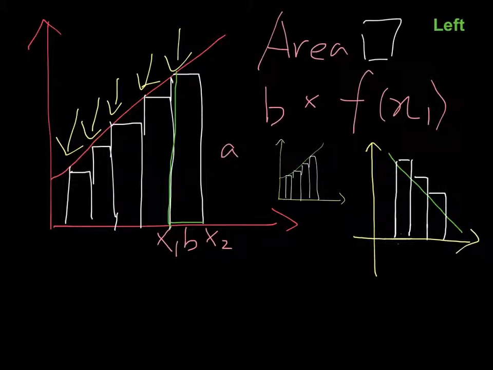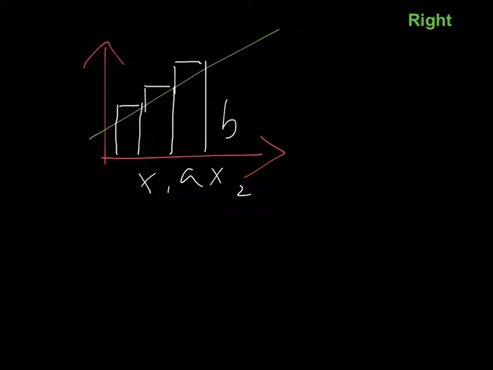On the other hand, if you have a strictly decreasing function, you will find out that all the left point rectangles that we take are above the graph, which means that their approximation of the area under the curve will be an overestimate.